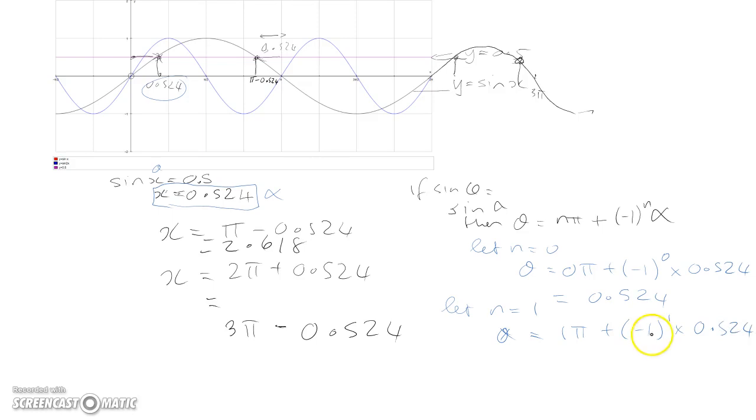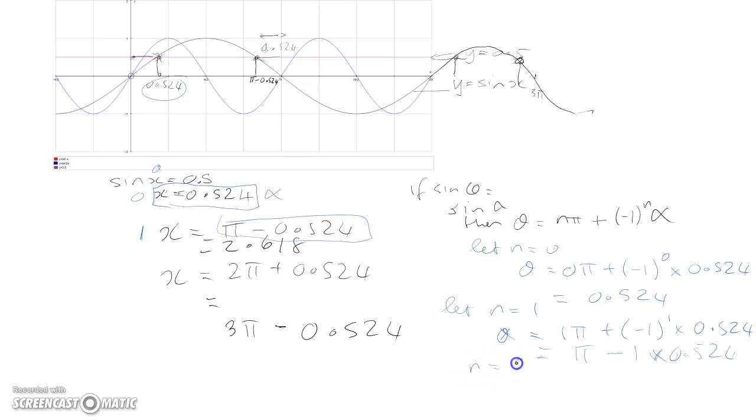Well, negative 1 to the 1 is just negative 1, and 1 times pi gives me pi minus 1 times 0.524, which is minus 0.524, which is what we had over there. So this is when n is 0. This is when n is 1.